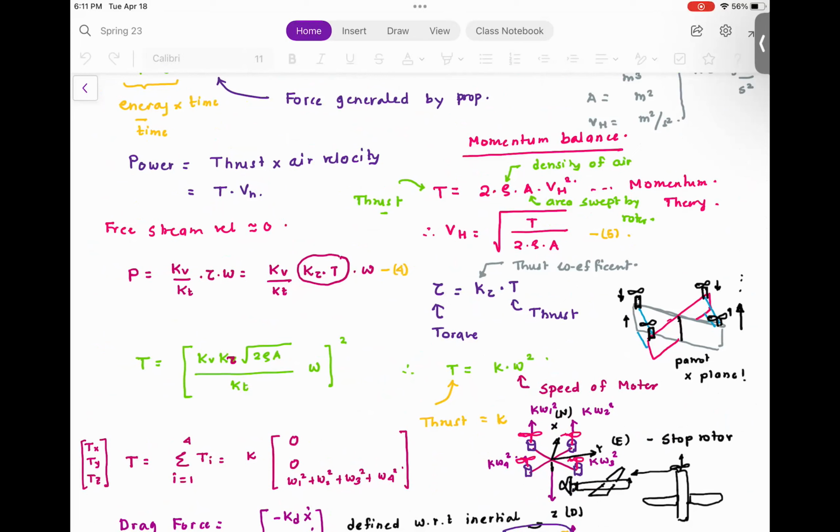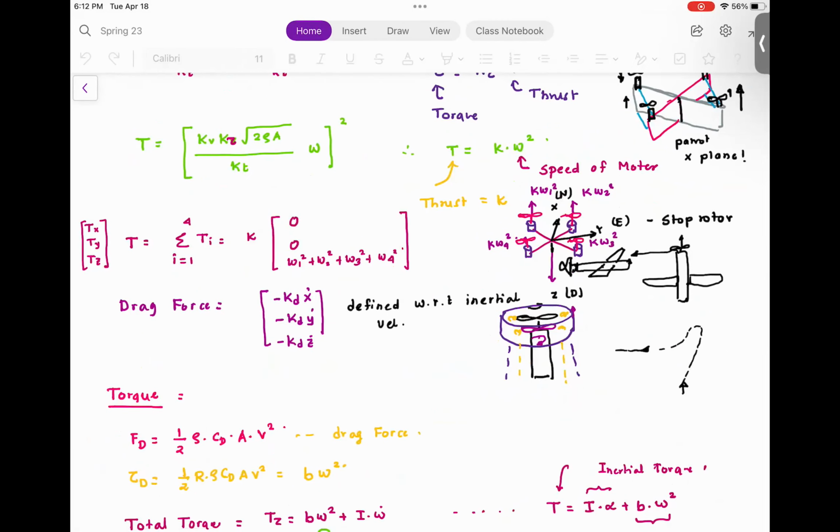So finally, we derived this equation. Thrust in the x direction and thrust in the y direction are 0. We only have thrust in the z direction, and that thrust is a factor k multiplied by omega 1 square plus omega 2 square plus omega 3 square plus omega 4 square.